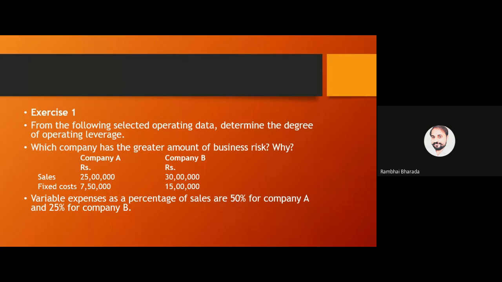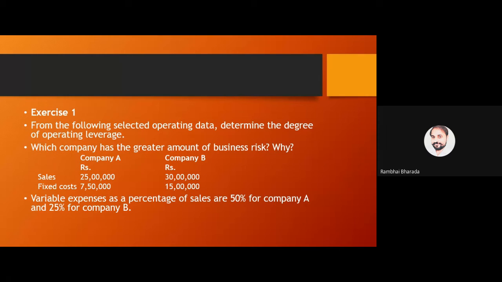Okay, now we put all the values in the formula. Operating leverage means C upon OP. For company A, operating profit and contribution. So first contribution 12,50,000 upon profit 5 lakh.